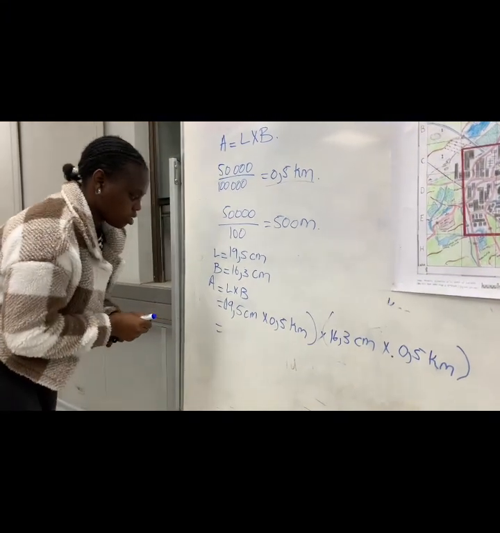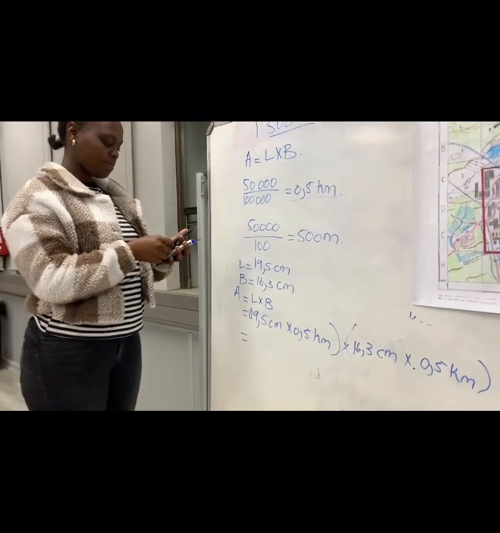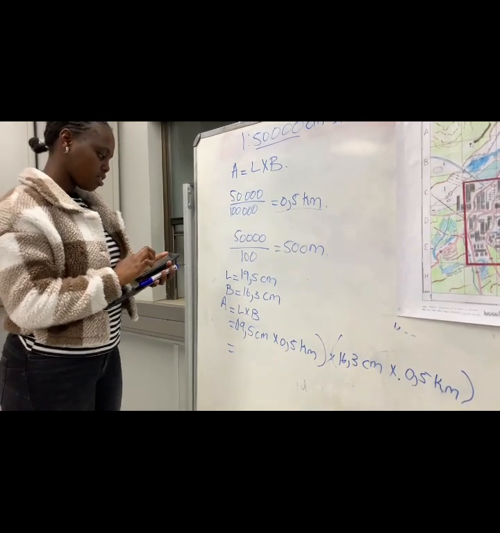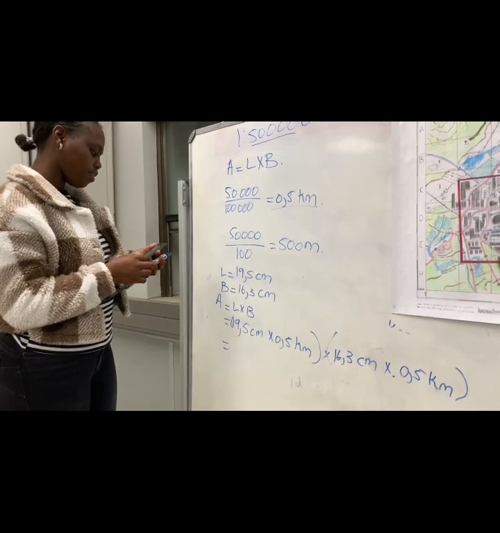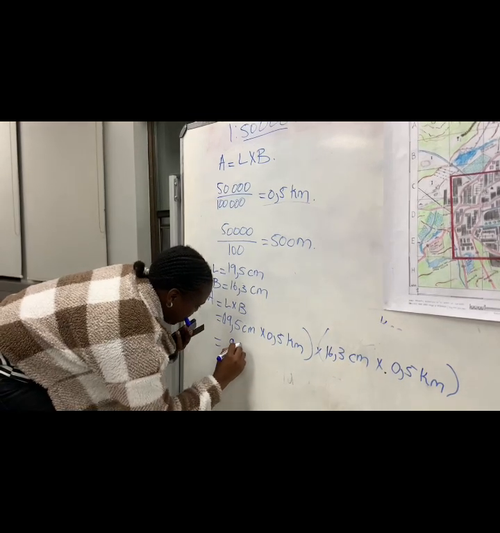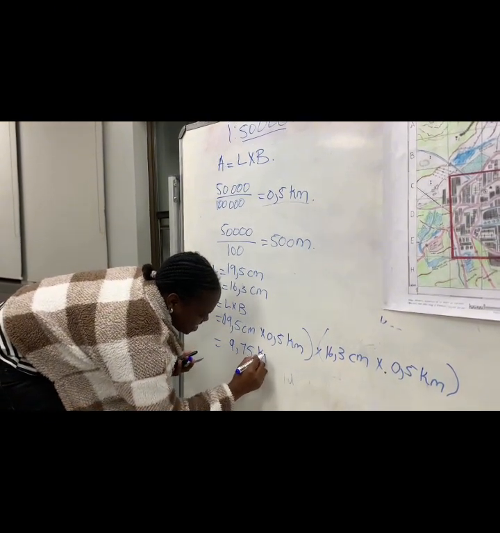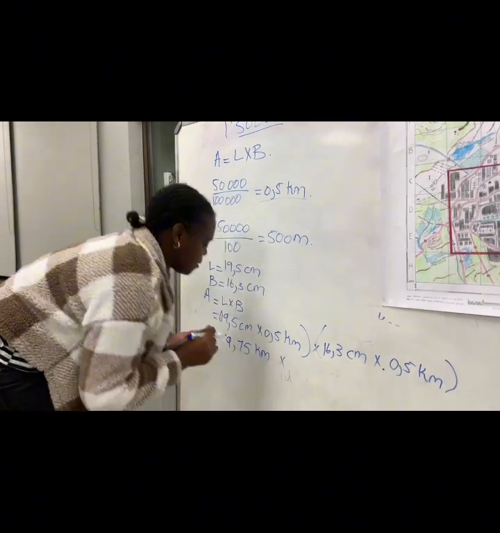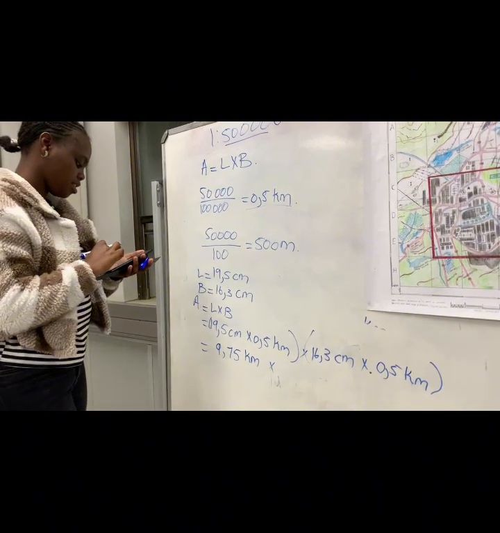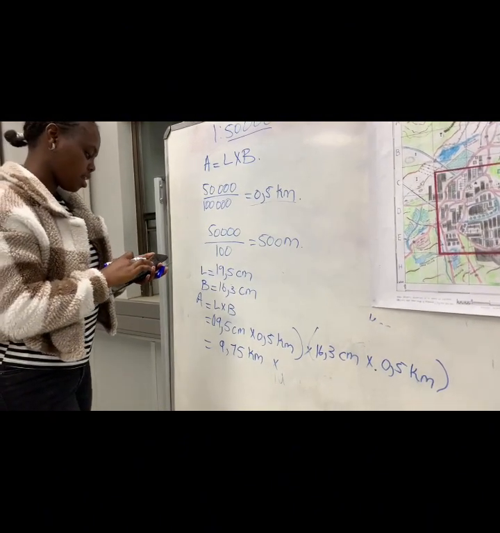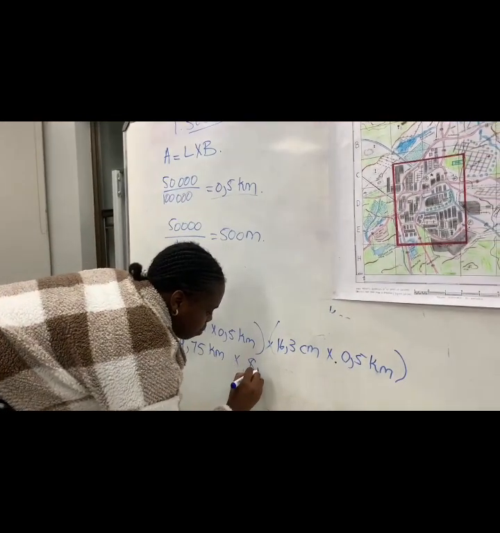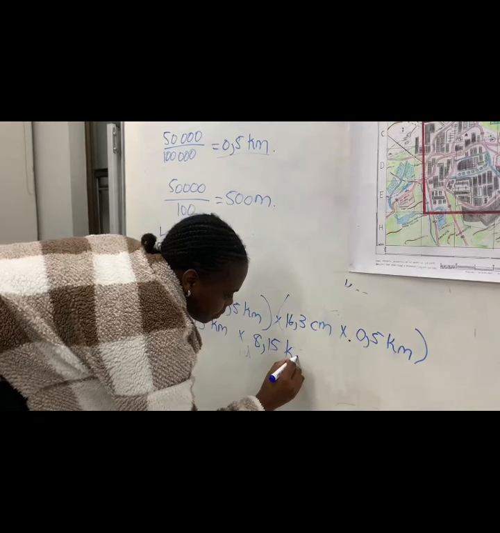Now let's do the calculations. So we're going to say 19.5 centimeters times 0.5, which is 9.75 kilometers, times 16.3 centimeters times 0.5 kilometers, which is 8.15 kilometers.